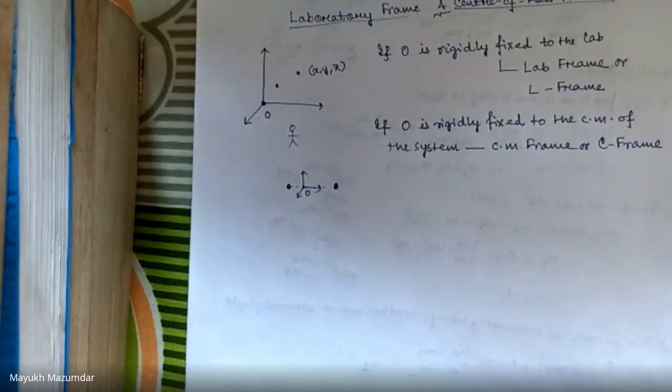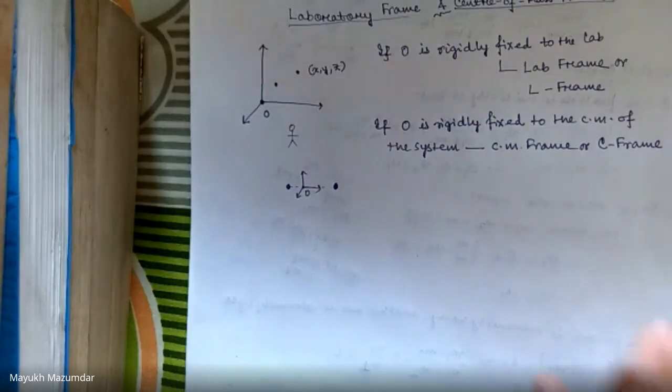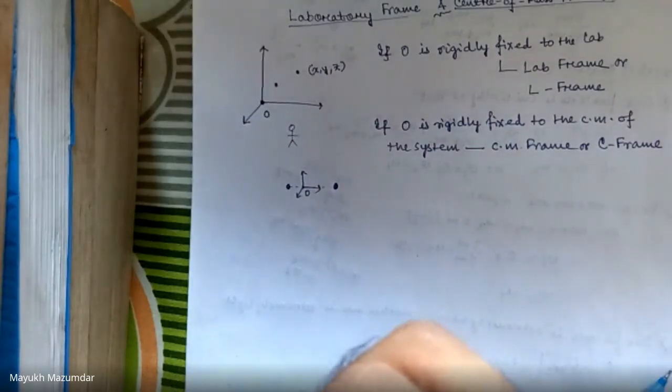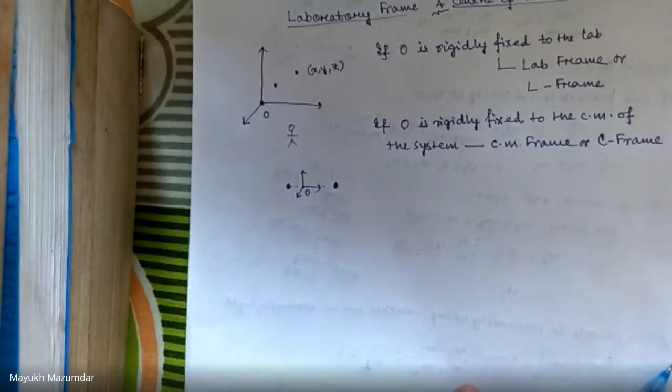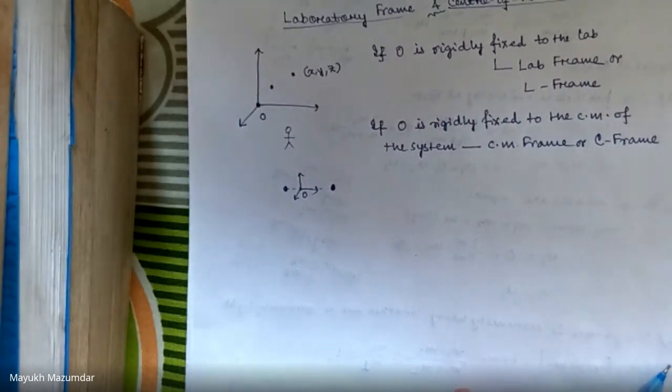As I gave you the example, think that you are standing between two trains. Two trains are moving towards each other on the same track. Don't try to do this, however, just imagine. And you are standing at their center of mass. That frame would be the center of mass frame.